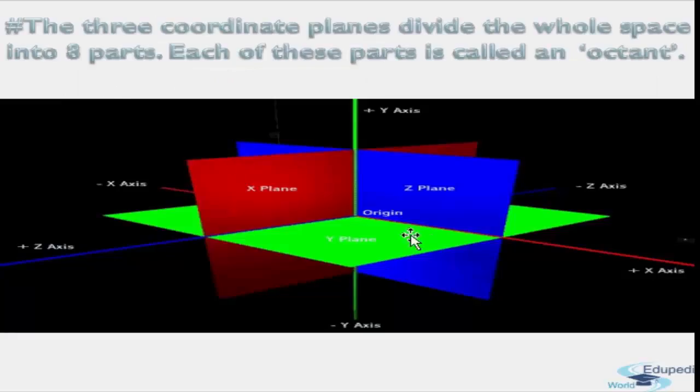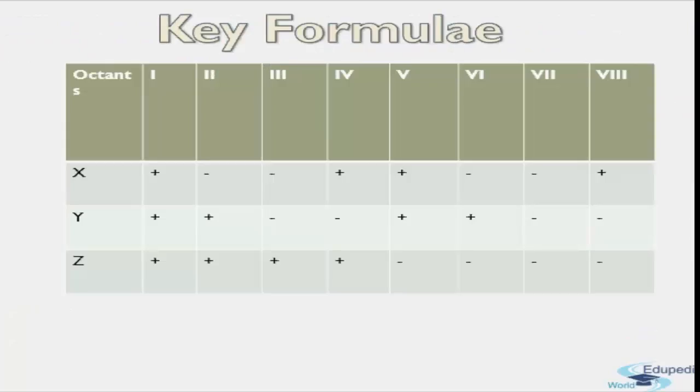Any point in this region is going to have three values, the x, the y and the z, and all these values are going to be positive. So this graph shows that if you have a point in a particular octant, what will be the sign of the coordinate values of that point?